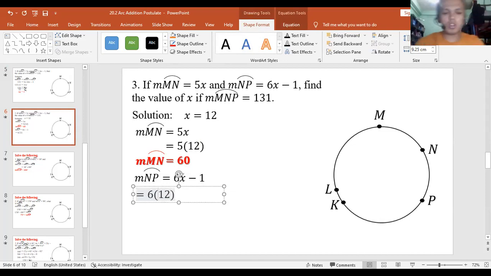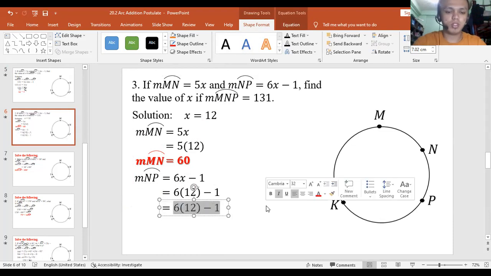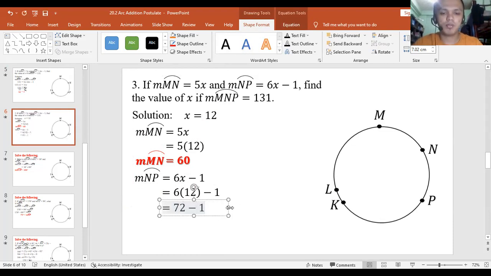So we have 6 times 12 minus 1. 6 times 12 would be equal to 72. Minus 1 is equal to 71. So the measure of arc NP is equal to 71 degrees.